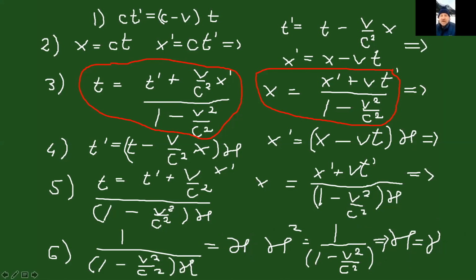So we get the final transformation: t prime is equal to (t minus v over c squared times x) divided by the square root of 1 minus v squared over c squared, and x prime is equal to (x minus v times t) divided by the same square root of 1 minus v squared over c squared.